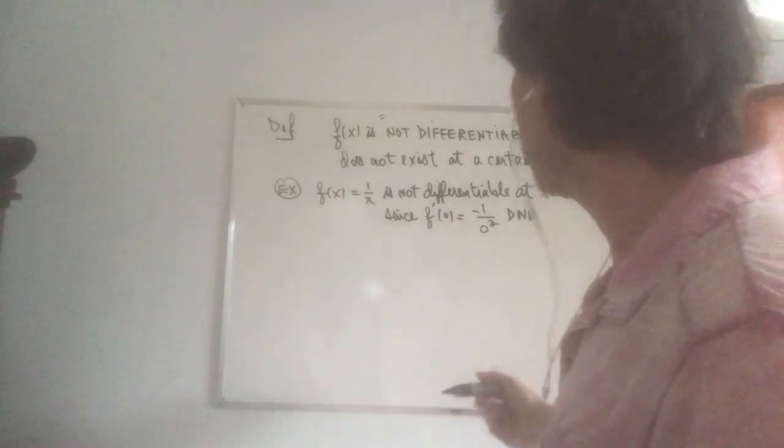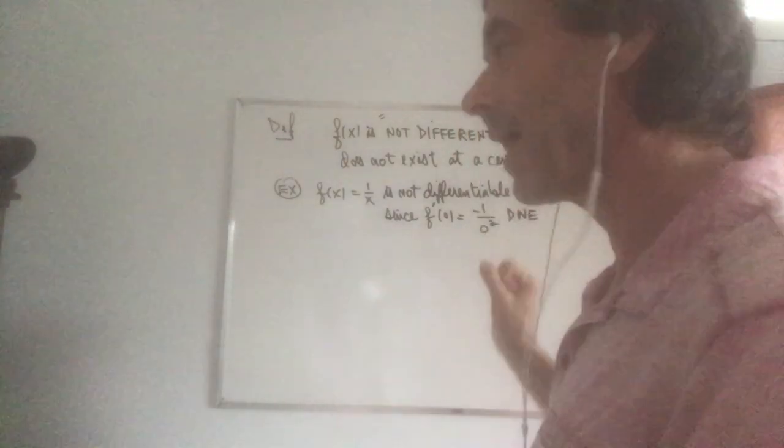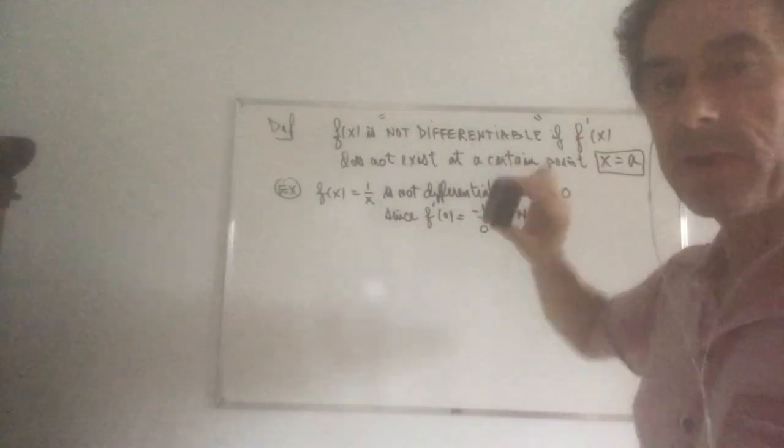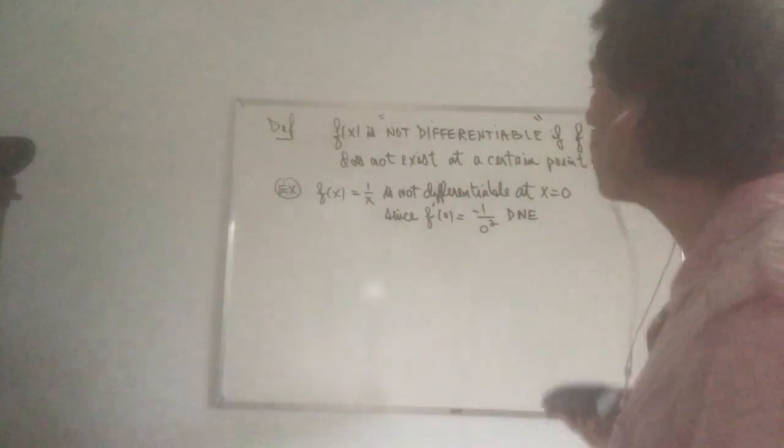Okay, good. Let us take a look at, you know what, I'll need a lot of space for the next problem. So I'm going to erase this and start a new whiteboard in 2, 1, 0. Okay, so let's consider, I guess this is example 1 for today.